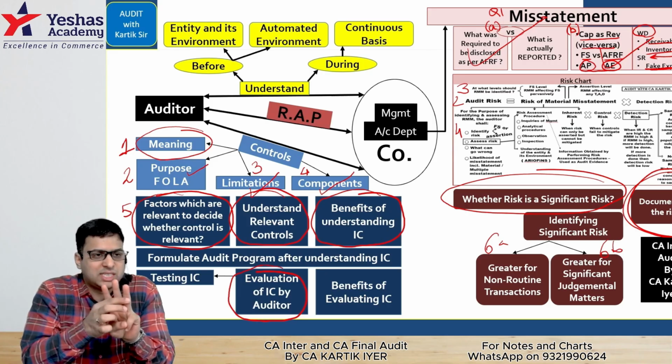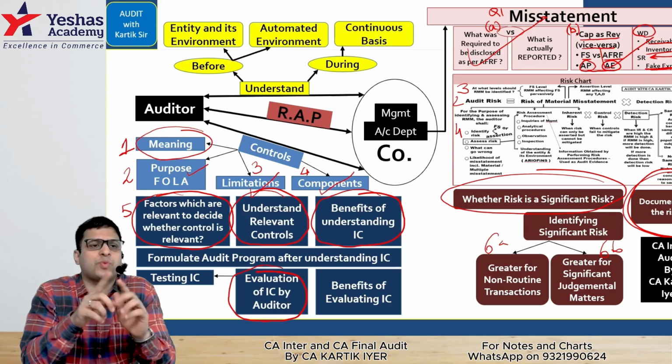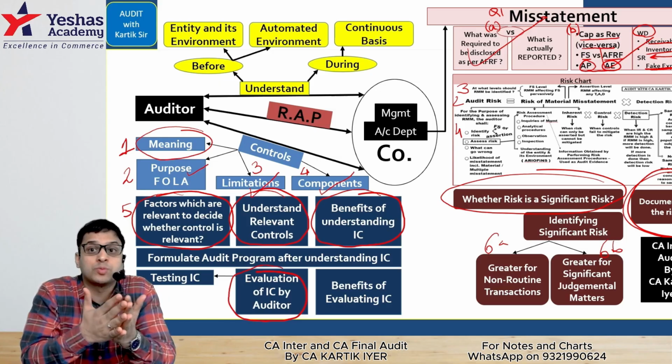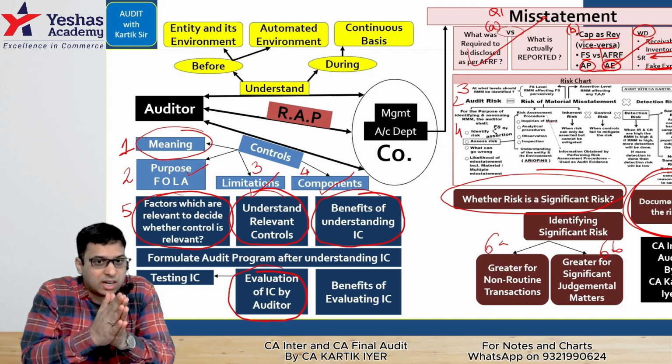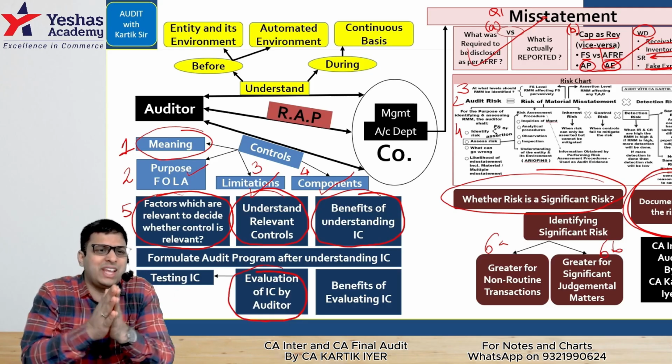narrative records, checklist, questionnaire. Tell me, which is the most concise way of providing the information? Flowchart. Which is the most commonly used method? Questionnaire. Which provides information in graphical format? Flowchart. Which is one of the most boring ways to give information, very exhaustive, too much? Narrative record.